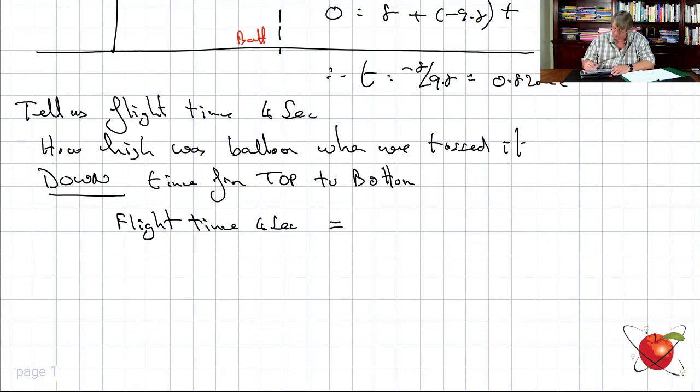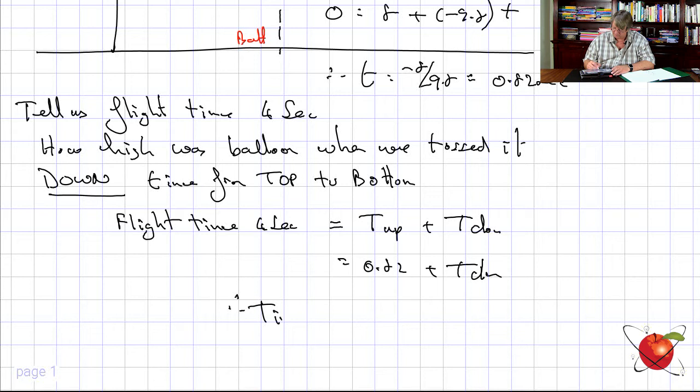Therefore, that's equal to time up plus time down. Time up was 0.82 plus time to fall down. Therefore, time to fall down is 4 minus 0.82, which is 3.18 seconds.